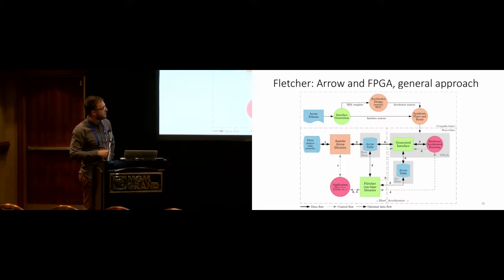During runtime, you start with the data source on disk or from the network. Through the Arrow libraries, you build your Arrow table in memory. And then on the FPGA side, our generated interface will be here. And the data streams are delivered to your hardware accelerated function, as we call it. In SNAP, it would be called something like an action.